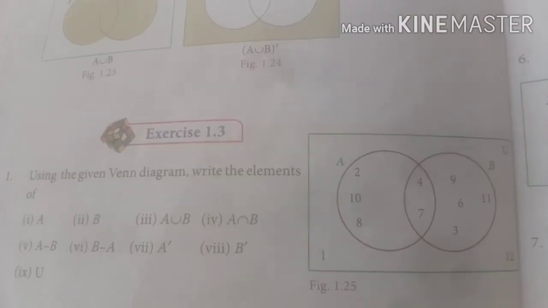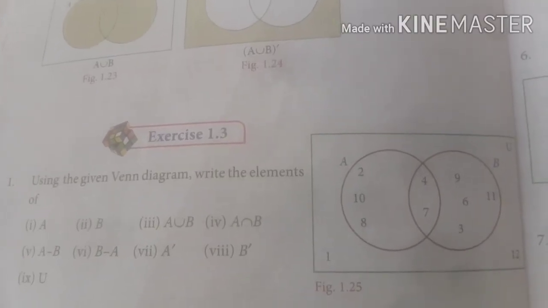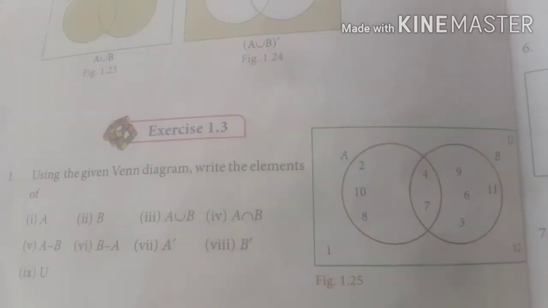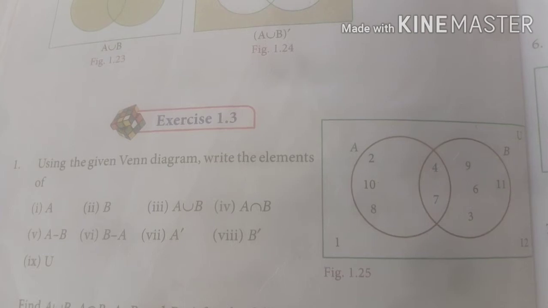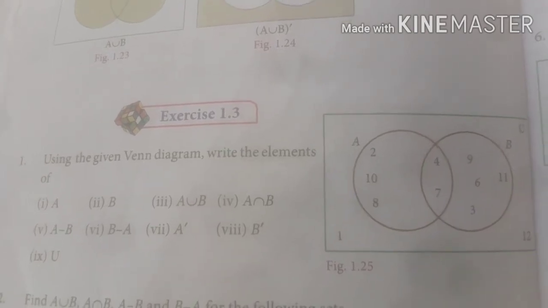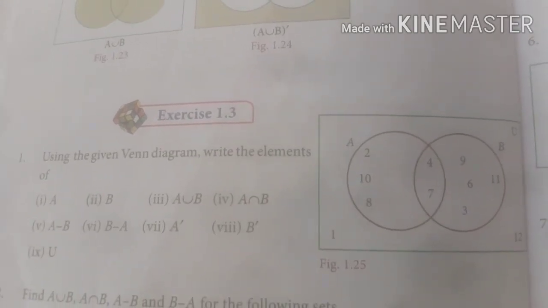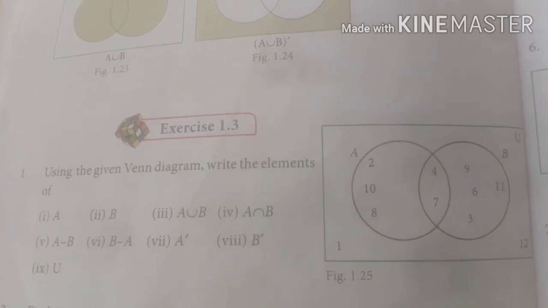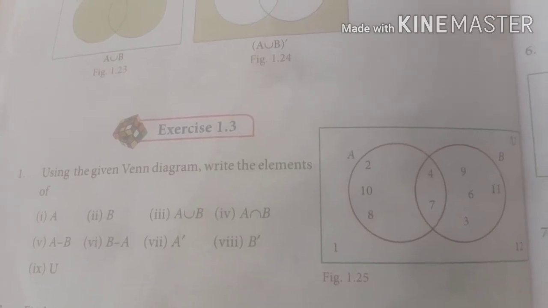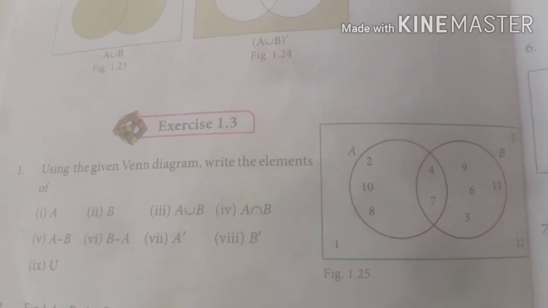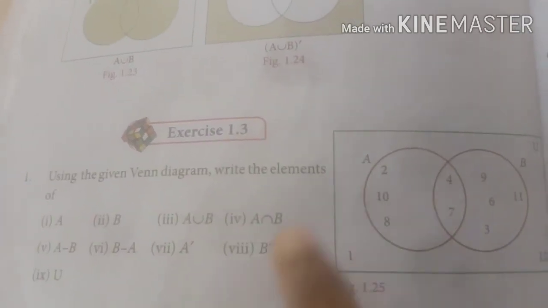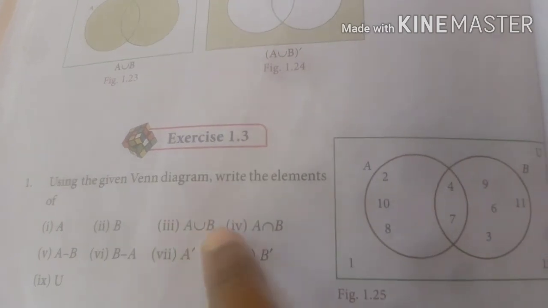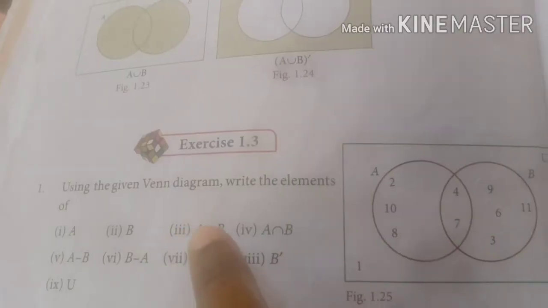Exercise 1.3. The first sum is the only homework for you. What I teach, you have to write everything in your classwork note, and this one sum only is homework for you. I think it is a very easy concept, and the new one is A union B. A union B means A set and B set.